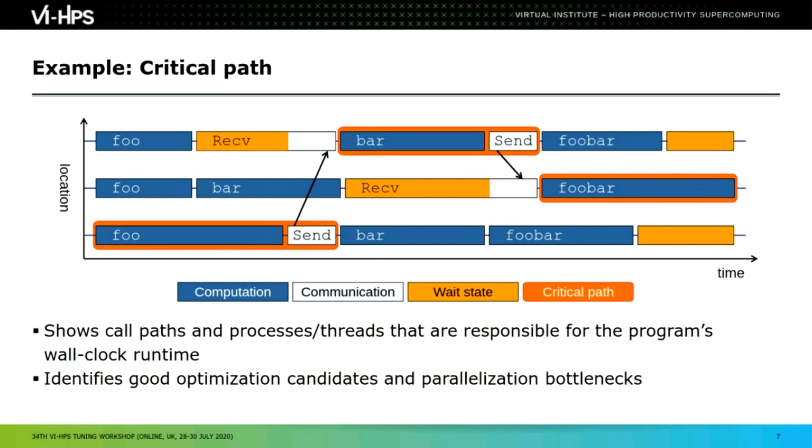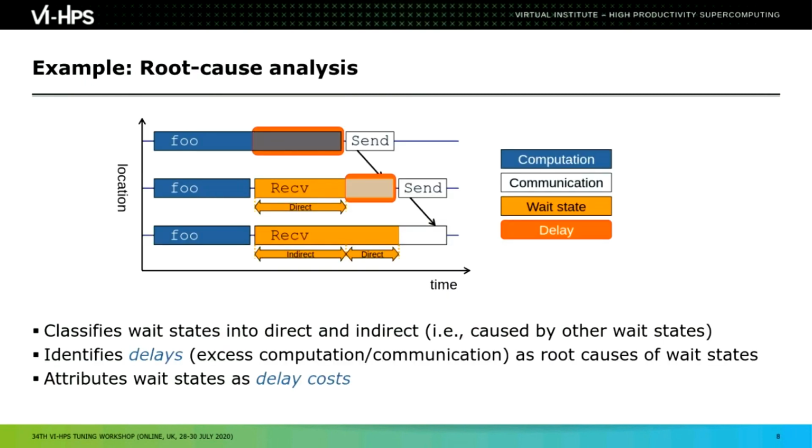Knowing where the critical path events are is a good starting point, but we actually are more interested in what was causing the delays on the critical path, and that's the next step of the analysis here. That's the root cause analysis, where we're trying to figure out what computation was executing that was imbalanced or taking longer and delaying the corresponding sends, which couldn't be initiated until later points of the execution.